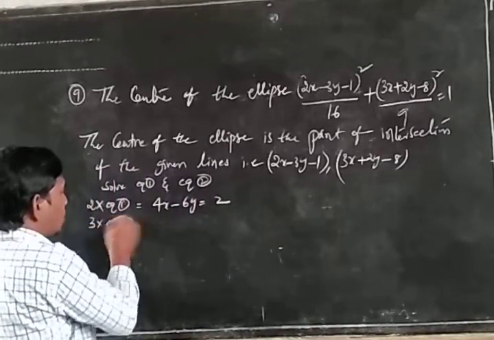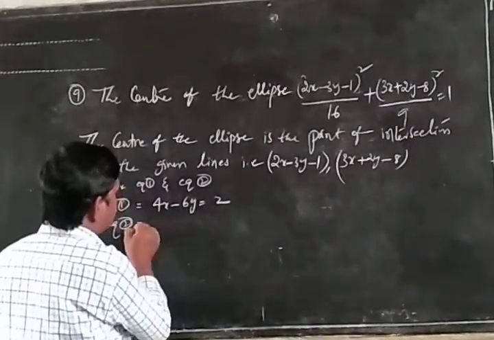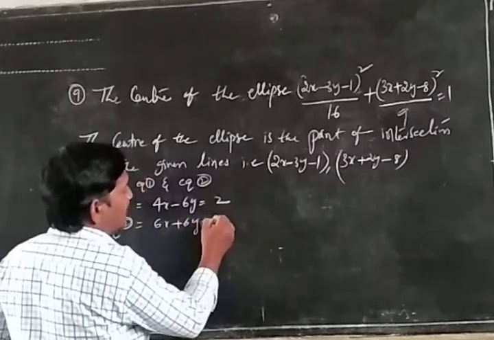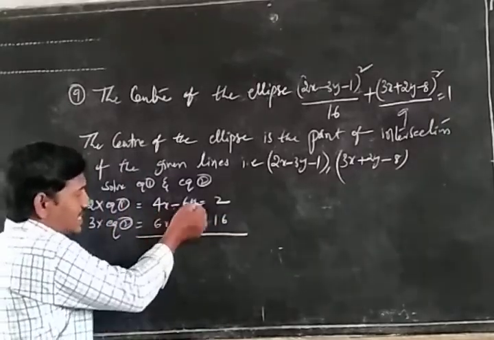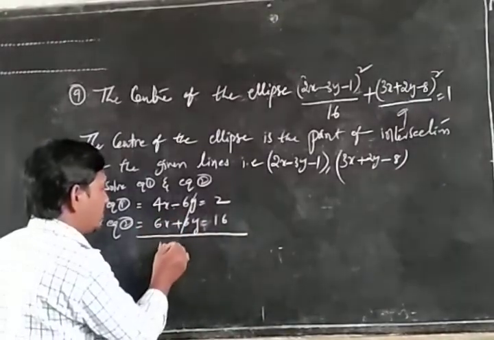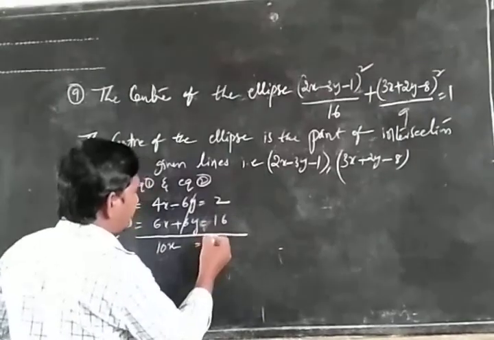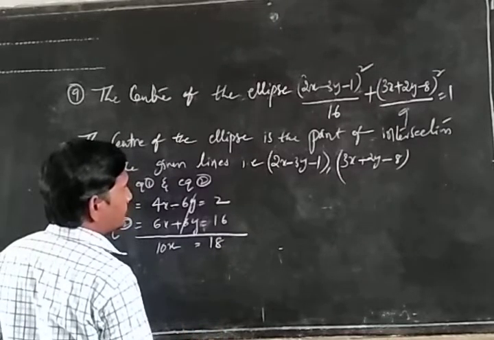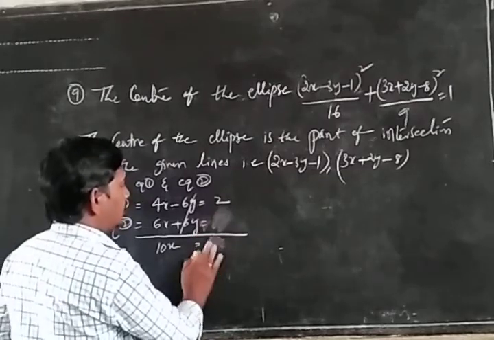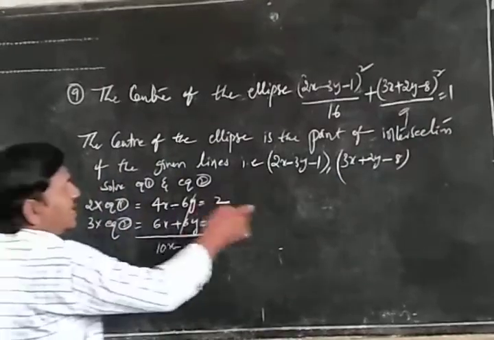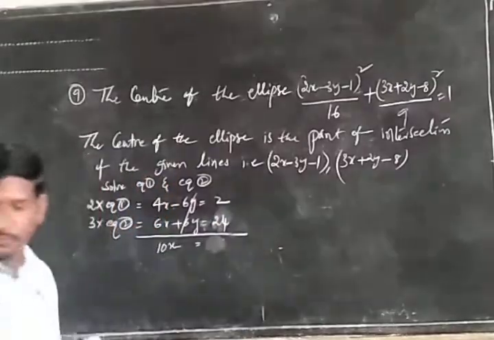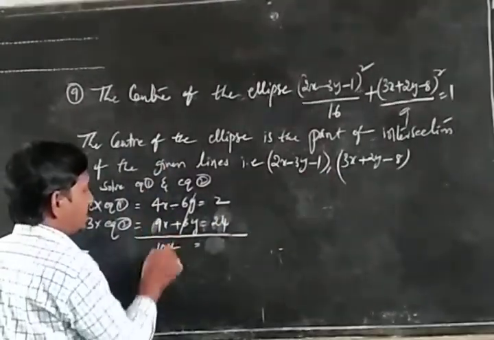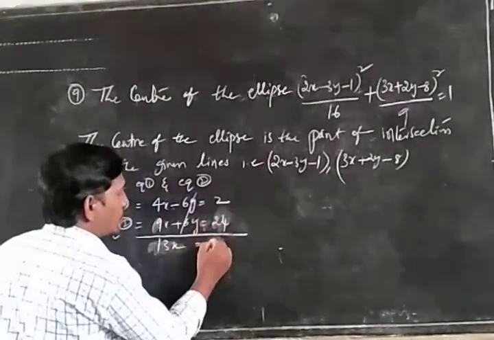Again 3 into equation 2. 3 2s are 6, 6x plus 6y equal to 3 8s are 24. Add: minus 6y plus 6y both cancel. 4x plus 9x, 13x equal to 26.